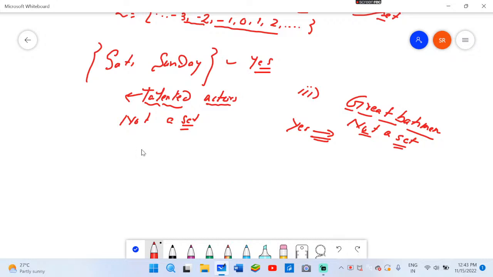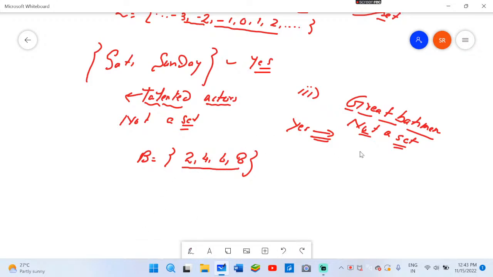Set of all even natural numbers less than 9. These will be 2, 4, 6 and 8. So this is set. It contains 4 elements.